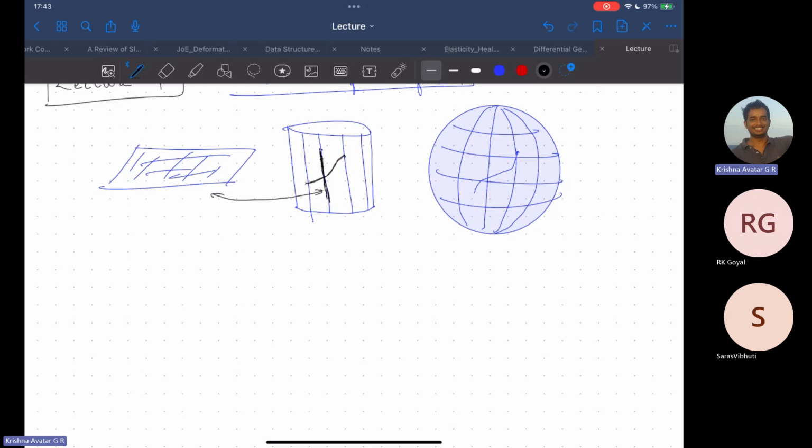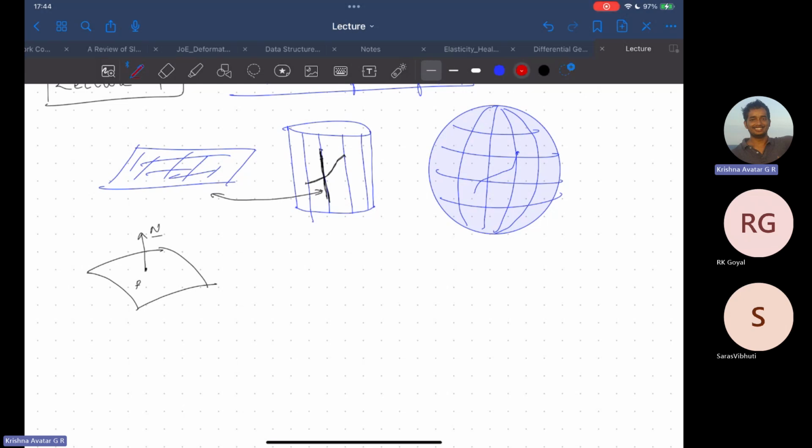So let's try to get some idea about what I mean here. You have this patch, right? And at every point, say at this point P vector, you have a surface normal vector.